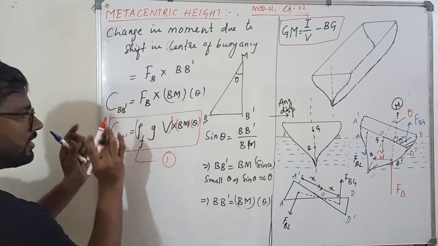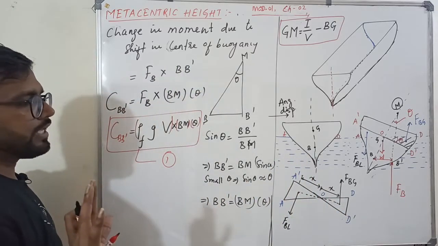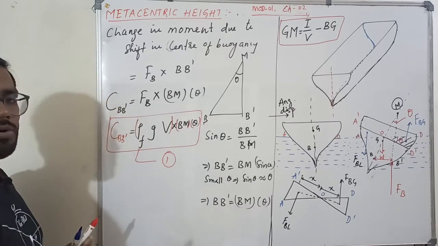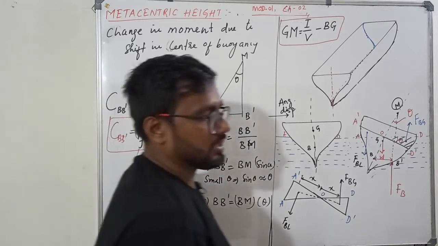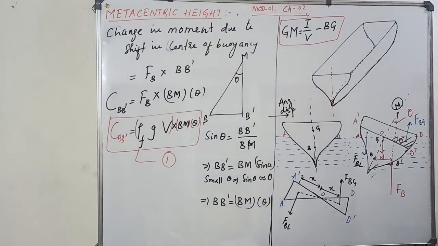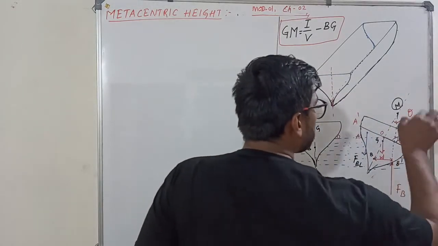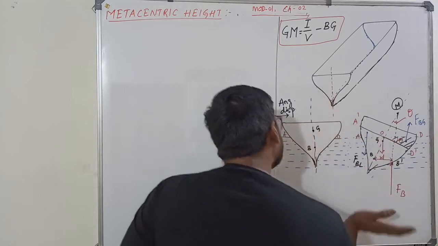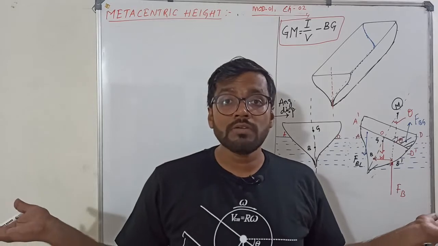So this value must be equal to the couple generated by the A prime O and D prime O. I am requesting you to note it down because I have to erase it again. Pause the video and note it down. Now we have to calculate the couple because of the D prime going into the water and A prime coming out of the water. That couple we have to find. But we don't know the value.